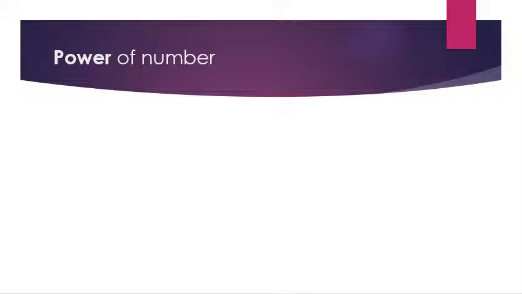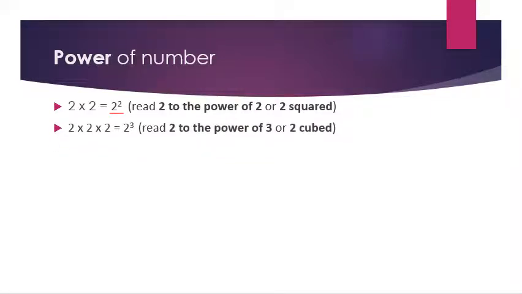Now we're going to learn the vocabulary of power of a number. What is the power of a number? We can see that 2 multiplied by 2 can be called 2 squared or 2 to the power of 2. One have 2 multiplied by 2 multiplied by 2 can be called 2 cubed or 2 to the power of 3.